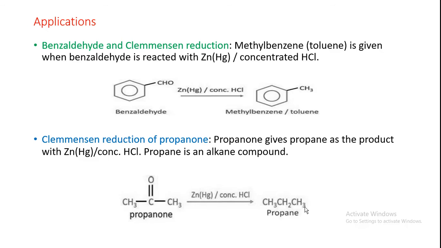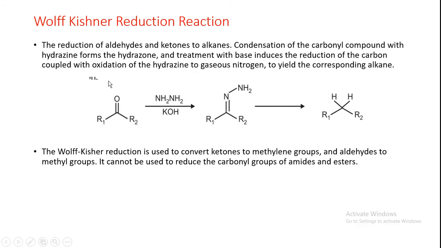Next, let us start Wolff Kishner reduction. In this reduction, first an aldehyde or ketone will react with hydrazine to convert to hydrazone. So this is the structure, hydrazone, in presence of KOH and heat. Here you remember this reaction requires high temperature, around 180 degrees Celsius.